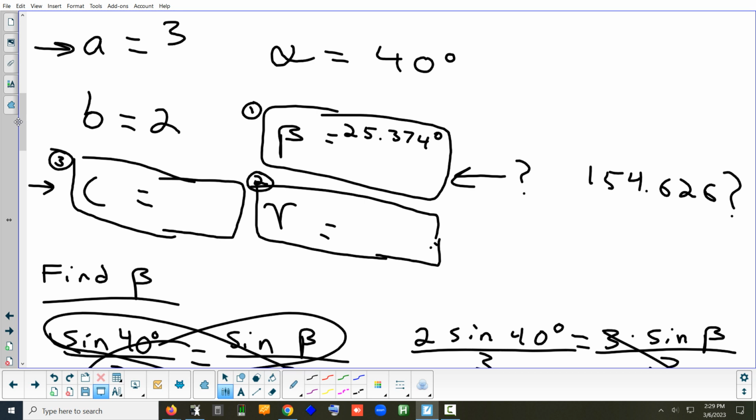We were given 40. Can you fit 40 and 154 in the same triangle? No. The second answer in this problem is too big. That means that there's only going to be a single number in this box, and this box.